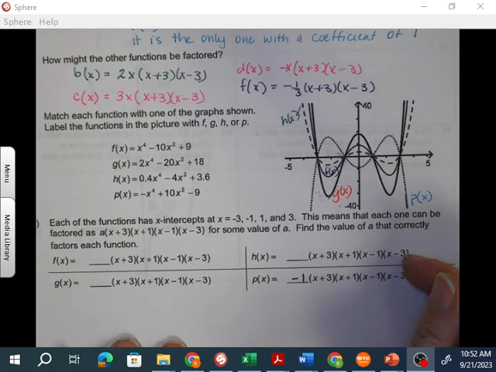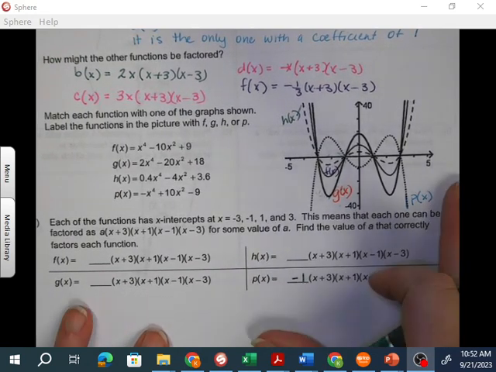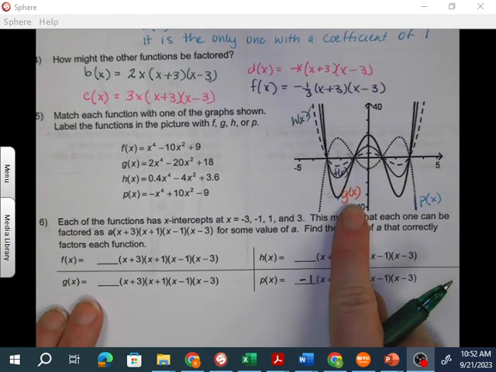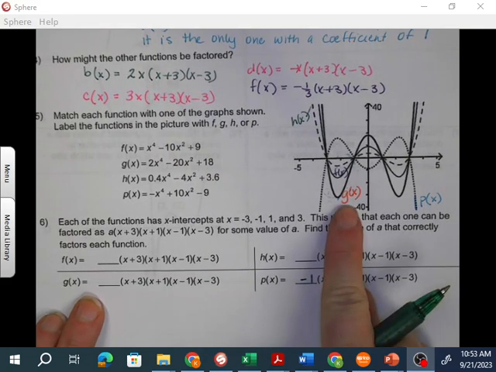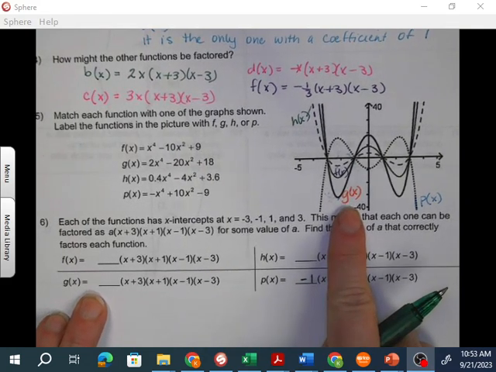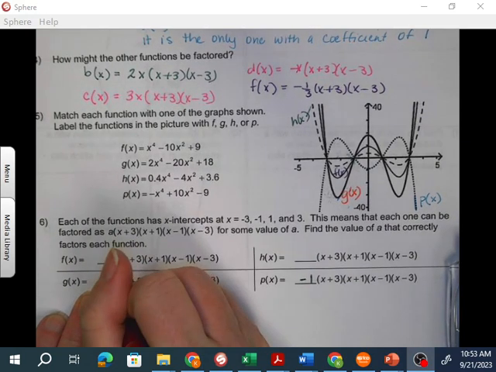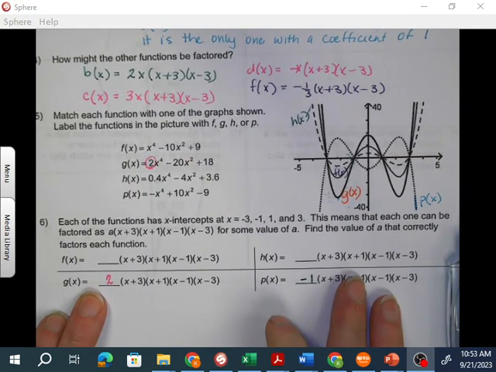All right, so now if I look at my other three, I have h of x, f of x, and g of x. Let's do g of x, because that was the next one we found. It's the really long one. It's taller and lower than the others. So what would go in front of g of x as your a value? 2. Because right here on my g of x function, there's a 2.